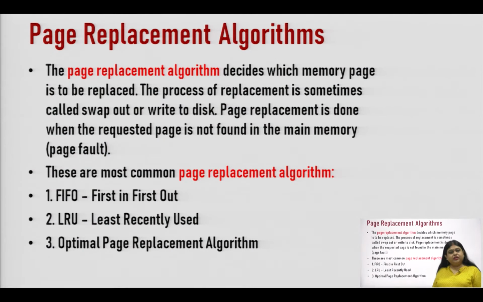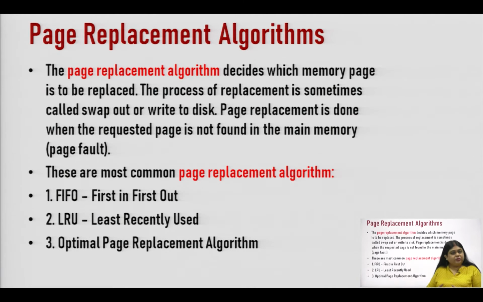talk about this type of page replacement, the page replacement algorithms decide which memory page is to be replaced. So basically what are we doing over here? We are trying to find the target page which we are going to remove from the main memory, and in that space we are going to bring a new page into the main memory.